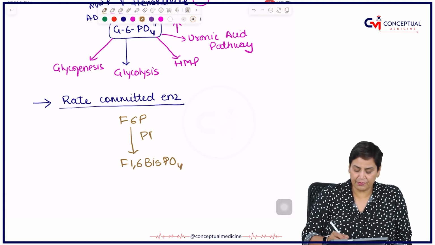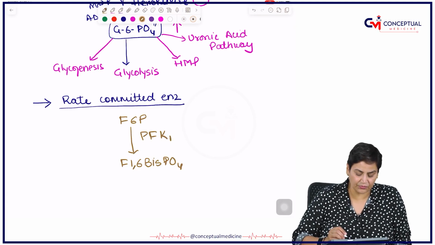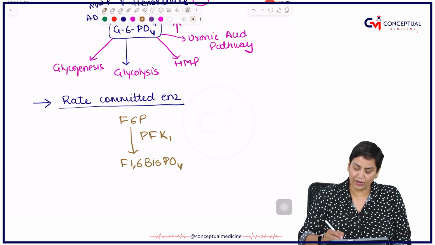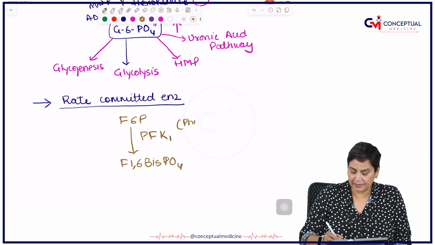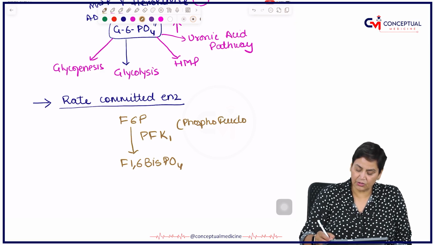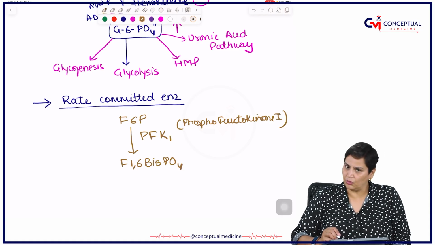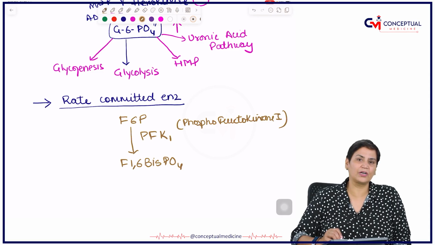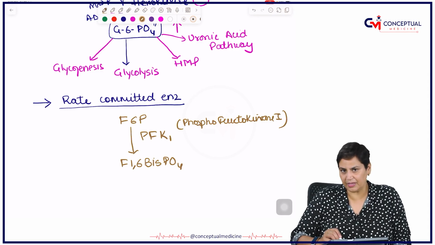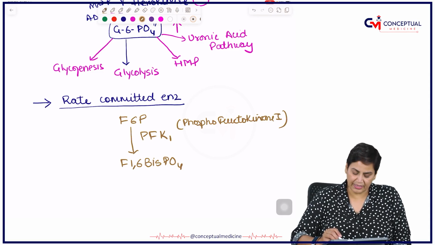The enzyme is PFK1, which stands for phosphofructokinase 1. And it is also a rate limiting step, no doubt, because increased concentration of fructose 1,6-bisphosphate will inhibit PFK. But the most important thing is it is a rate committed enzyme.